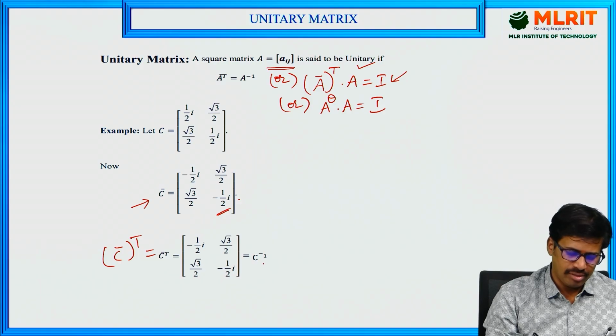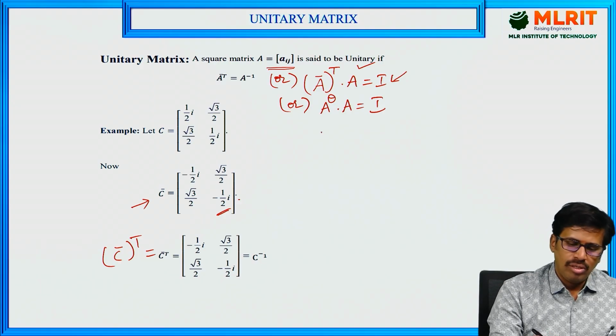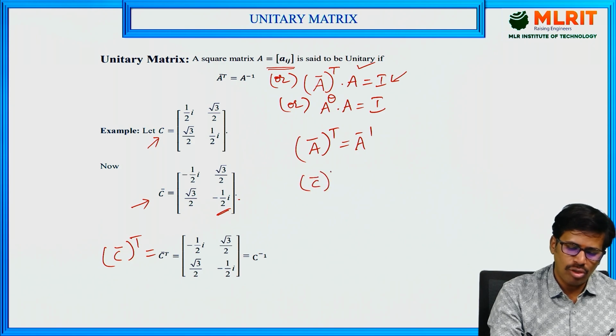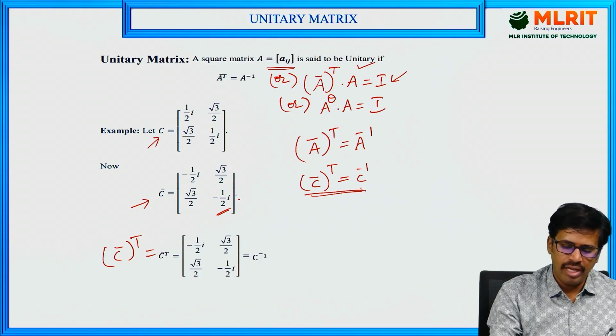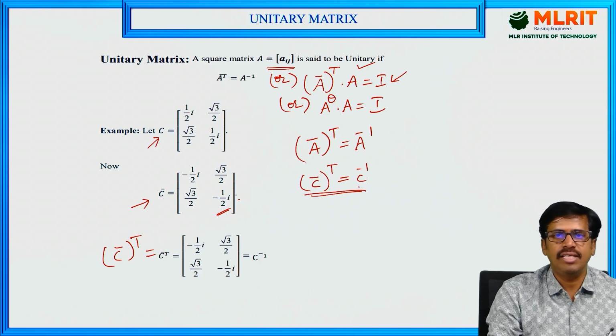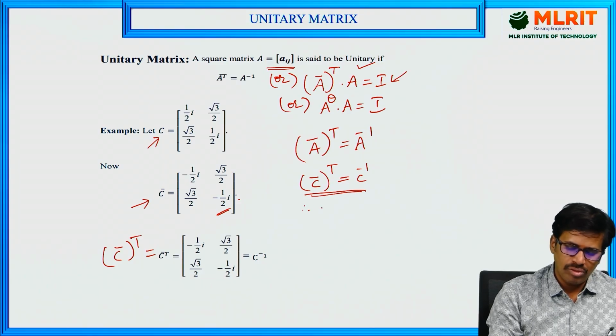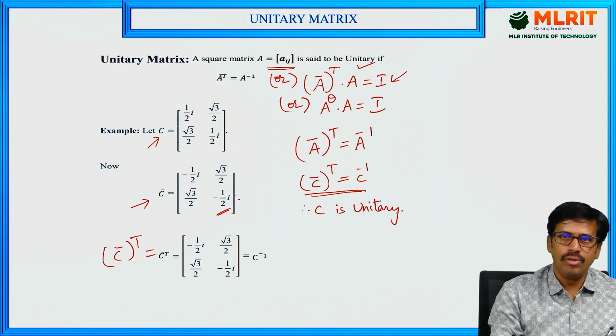We get this. So A conjugate whole transpose equal to A inverse. Here we are representing with C. So I have to prove that C conjugate whole transpose is equal to C inverse. Then we can say that the matrix C is unitary matrix. So this is equal to C inverse. Therefore C is unitary matrix. Right.